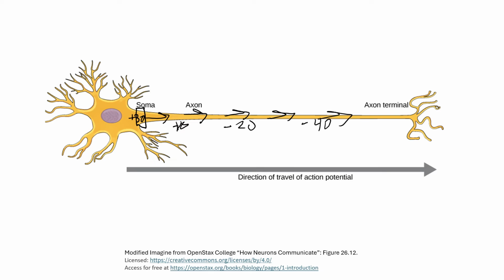The job of this neuron is to generate and propagate action potentials. It can't do it without having voltage-gated sodium channels lining the entire length of the plasma membrane, because those voltage-gated sodium channels are what ensure that every region becomes positive 30, positive 30, positive 30, right?